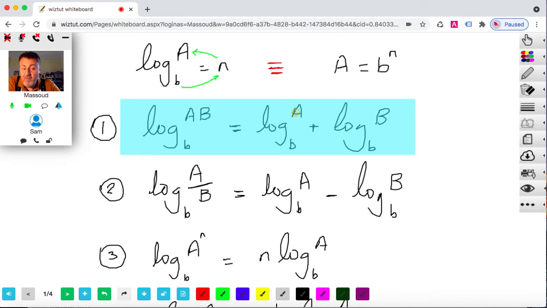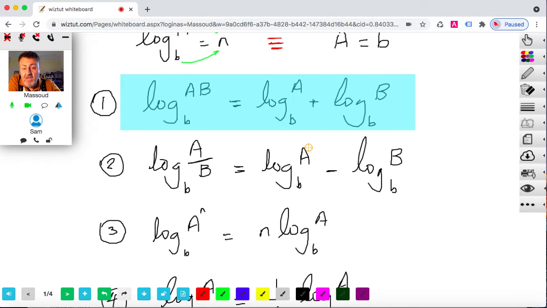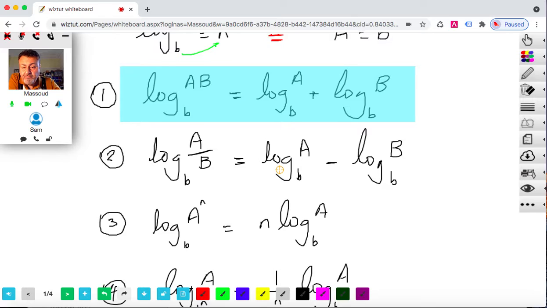So it would be log of a to the base b plus log of b to the base b. Sometimes you might have that situation and you revert it to this, or you have this and you revert to that, depending on situation and depending which one will work for us better. So that's a two-way rule.